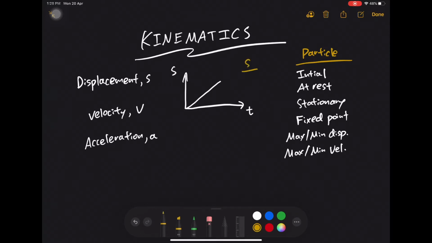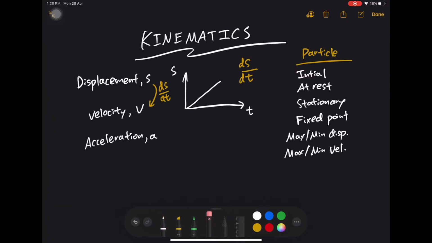This gives me the gradient for my displacement time graph. The gradient, displacement divided by time, gives me my velocity. In this case, I'm differentiating my S with respect to time. So to go from displacement S to velocity V, all I need to do is ds over dt.